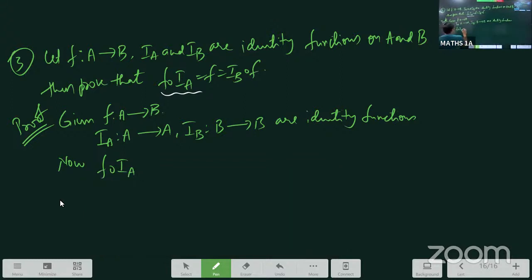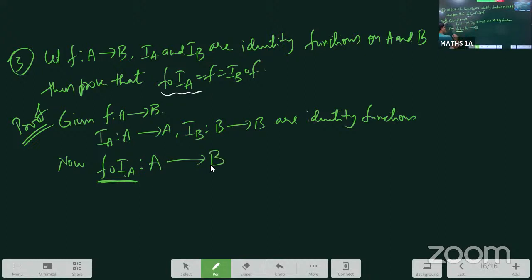Now, f circle Ia is mapping from where to where? How to write the domain and codomain of a composite function? In that composite function, what is the second function? Ia. What is the domain of Ia? It is the domain of the composite function. In any composite function, the last function's domain will be the domain of the composite function, and the first function's codomain, which is B, will be the codomain of the composite function.